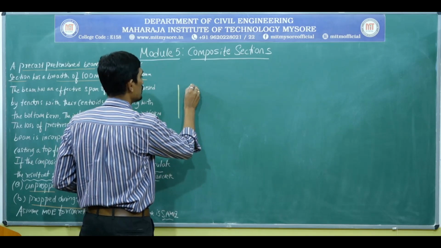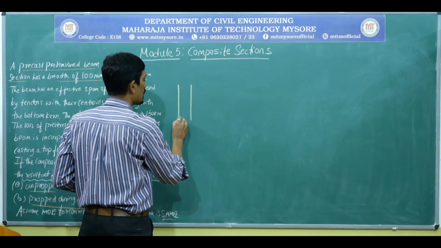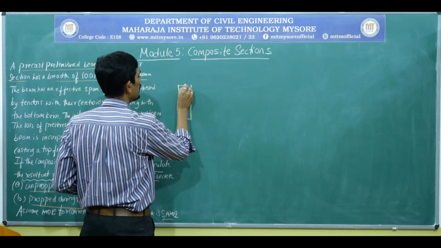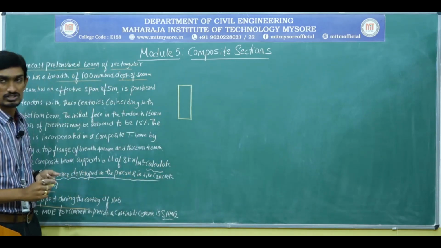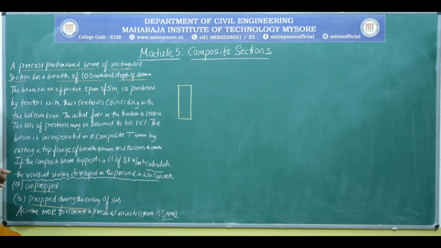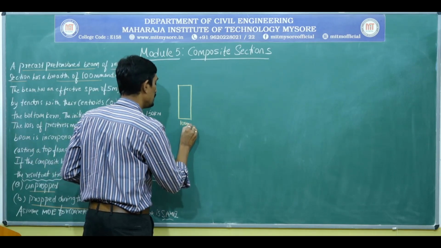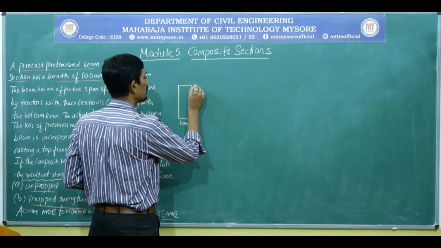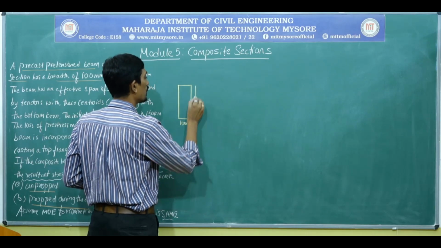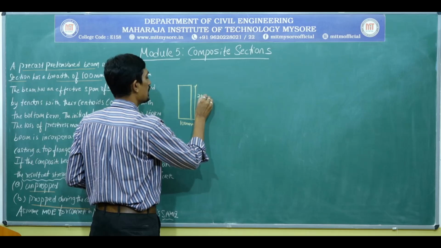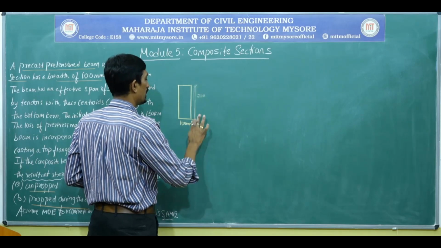This is the precast pretension beam, which is a rectangular section whose dimensions are 100 millimeter and 200 millimeter. I will write it here.